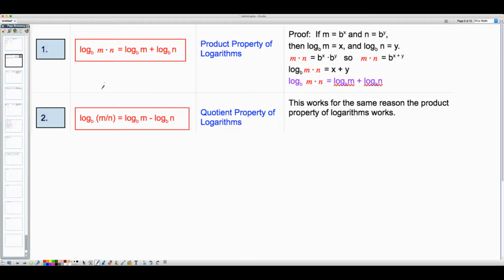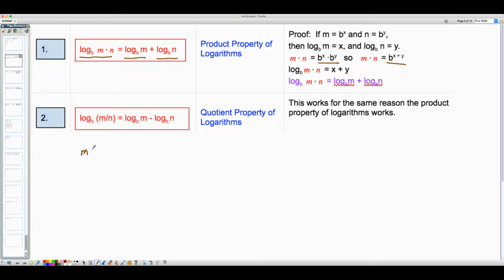Now, this is a rule or property that we talked about yesterday. The objective was to get to this point to show that these are equal to the separation of these two things. And if you think about it, this is what happens when you deal with logs and you're multiplying with the same base.